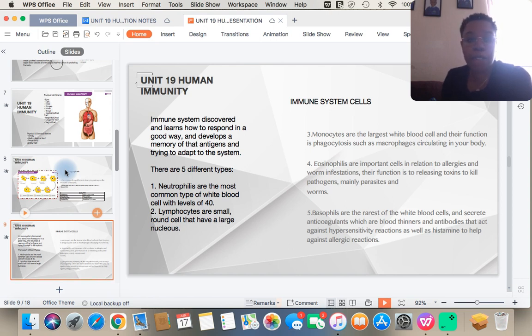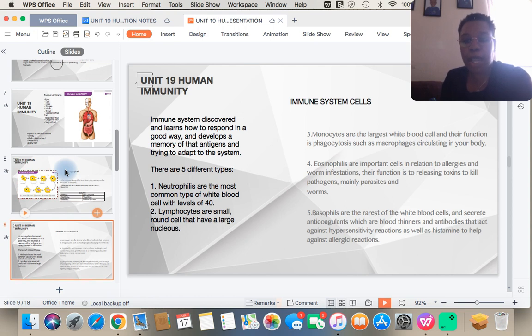So we have five different types. Neutrophils are the most common type of white cell, with levels of 40. Lymphocytes are small round cells that have a large nucleus. Monocytes are the largest white blood cells, and their function is phagocytosis, such as macrophages circulating in our body.